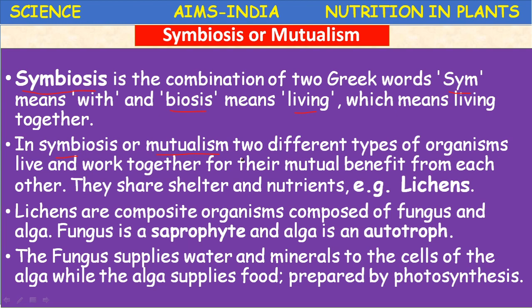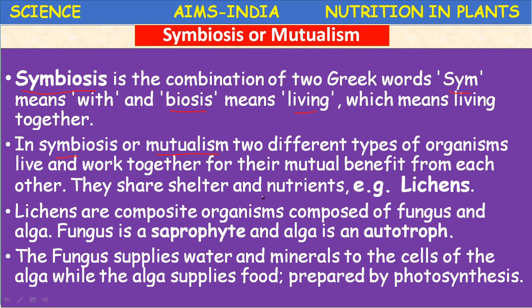In symbiosis or mutualism, two different types of organisms live and work together for their mutual benefit from each other. They share shelter and nutrients, sometimes protection also.